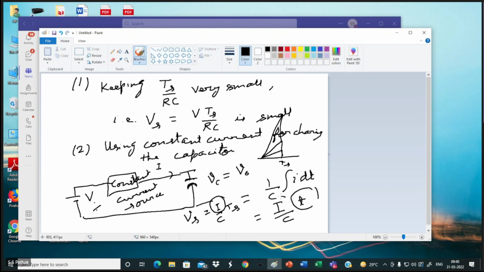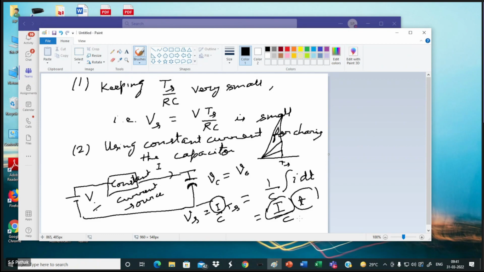See, remember this I has a unit of current, but it has got the magnitude. This I by C into T becomes voltage. The output becomes voltage.